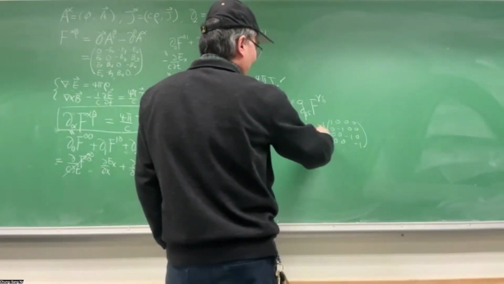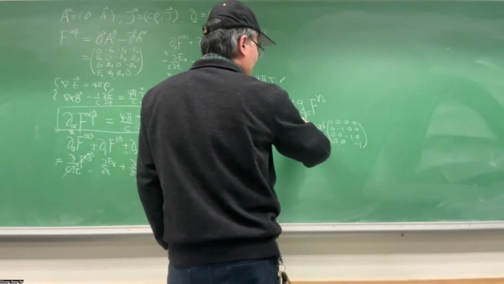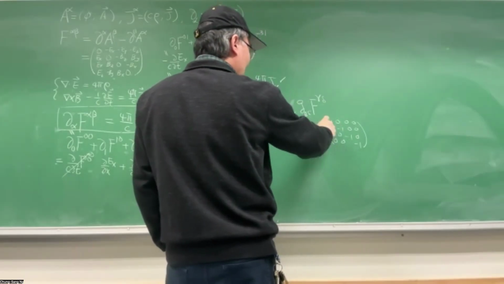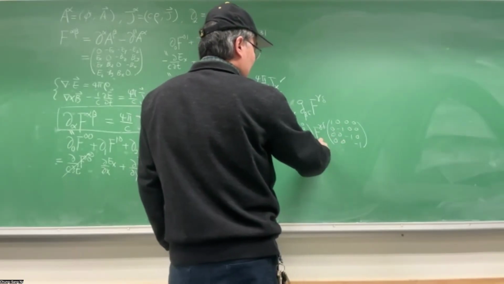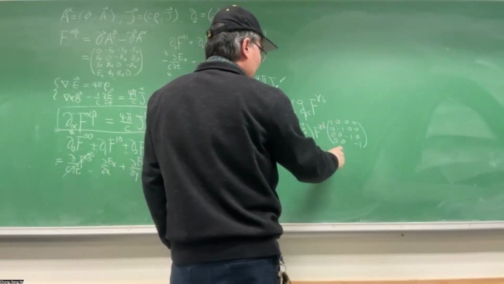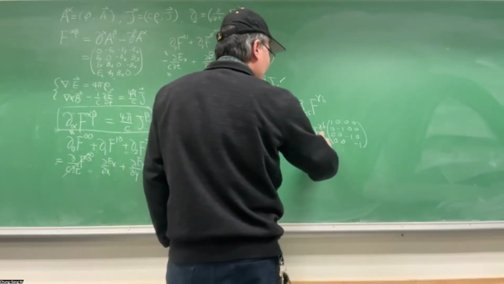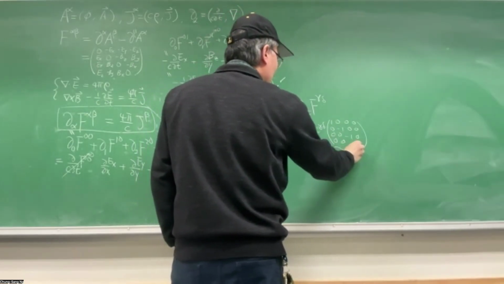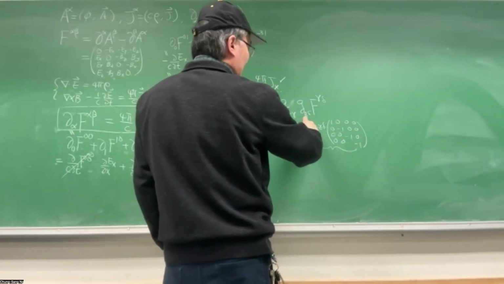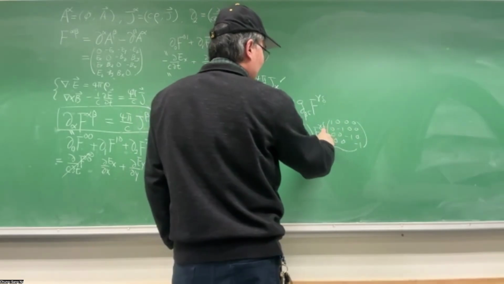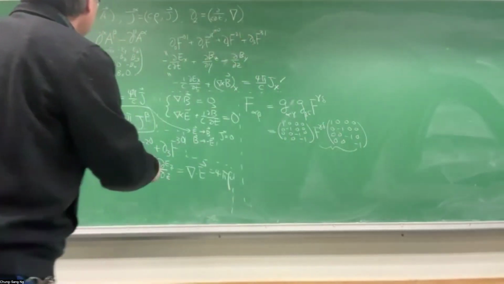So for any 4x4 matrix, the first row is multiplied by this first column, second, right? So the first column, the resulting, this multiplied by that, the column doesn't change, because the first column is multiplied by this.